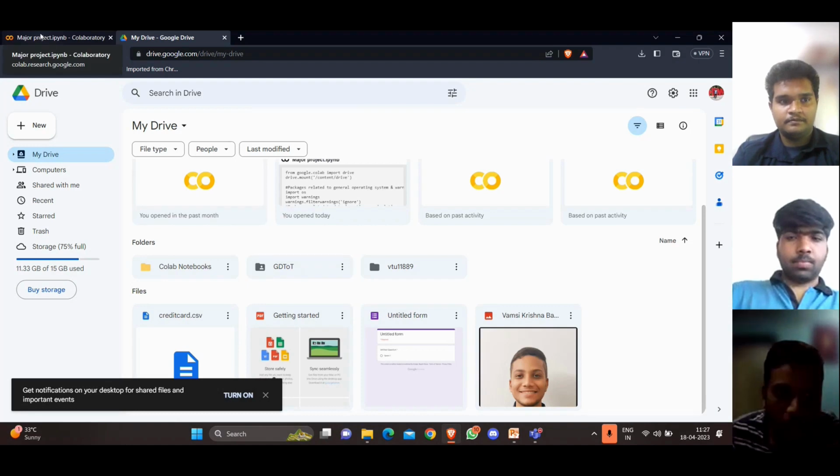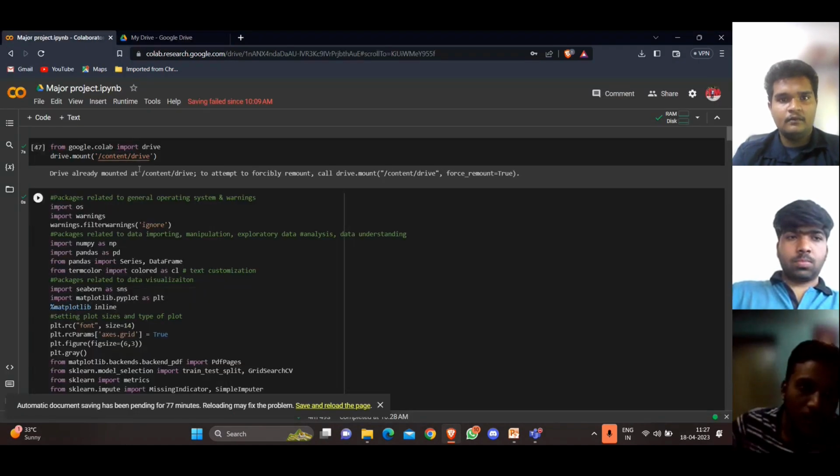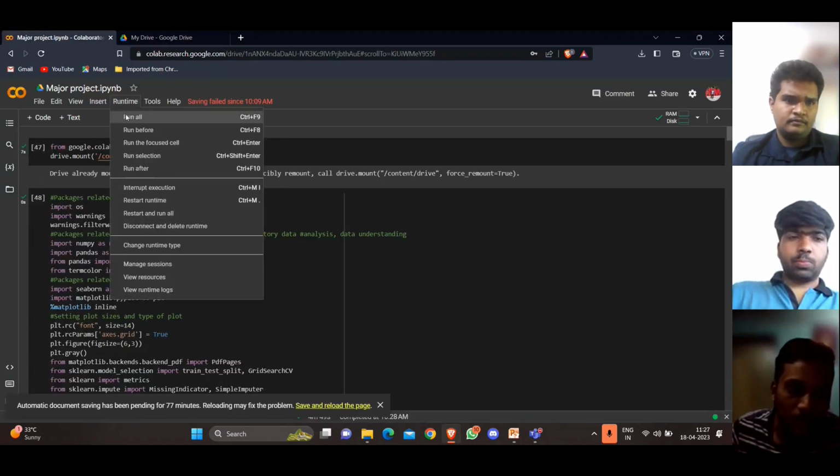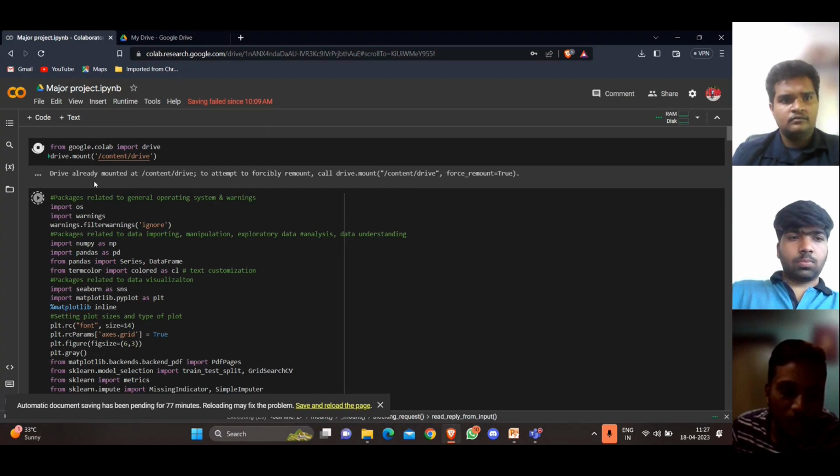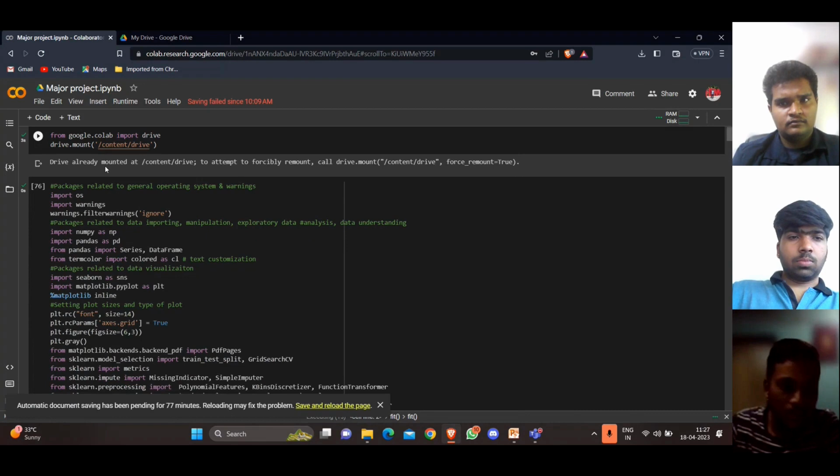And next, coming to the code which we are going to run in Google Colab. Basically, we are going to run this from the starting, and it's going to ask for our permission for Google Drive, and it is running.